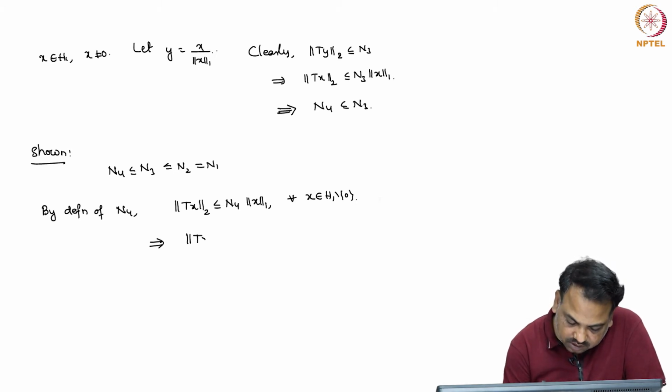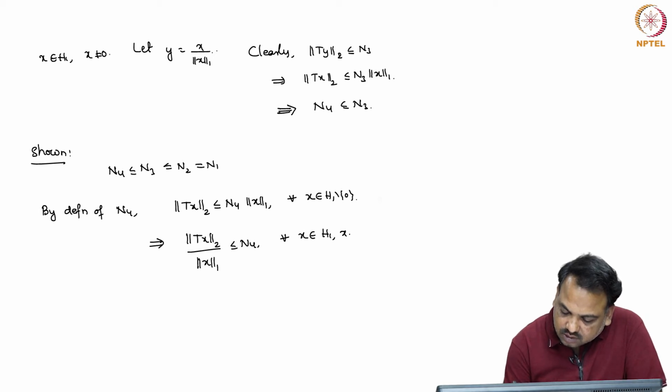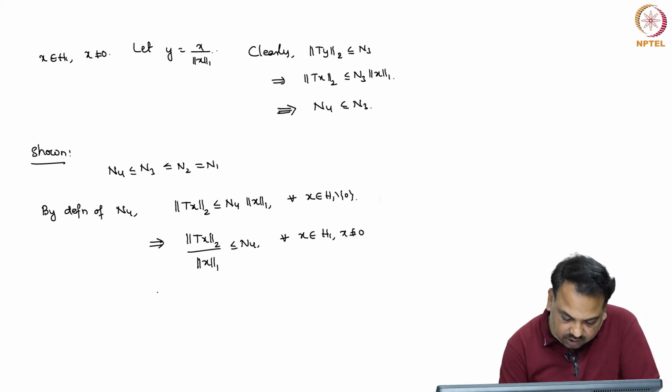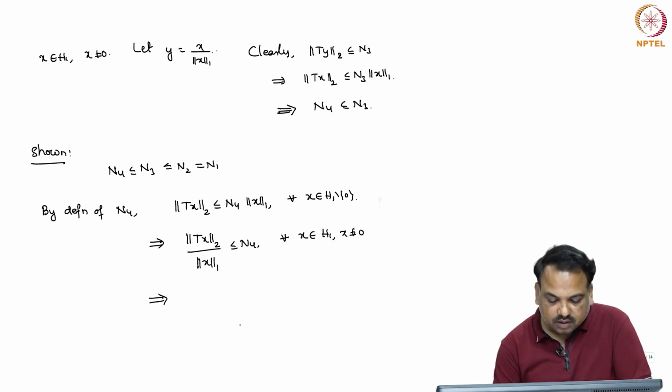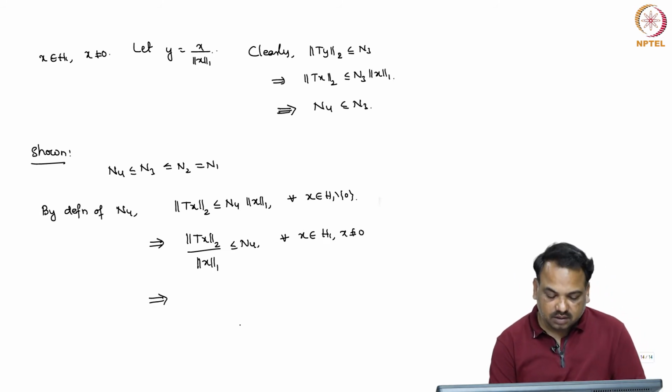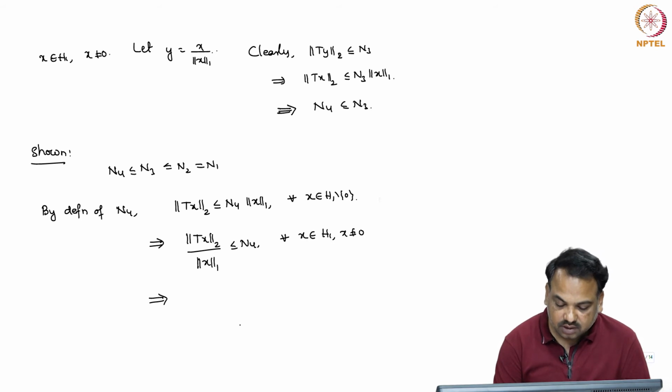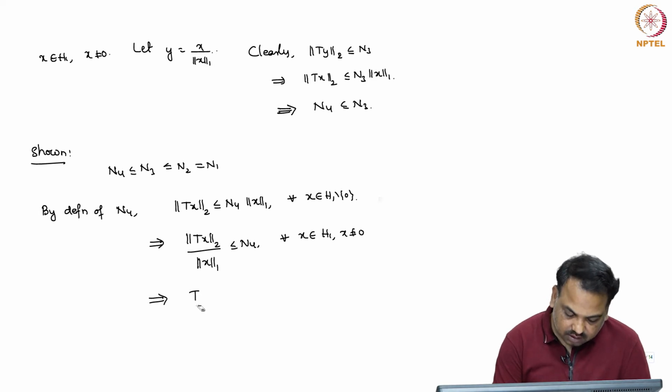So norm Tx by norm x is less than or equal to N4 for every x in H1, x non-zero. The left hand side depends on x and the right hand side is a fixed quantity, so this is true even if you take the supremum on the left hand side. So this says that N1 is less than or equal to N4.